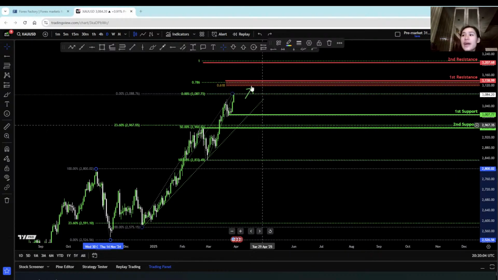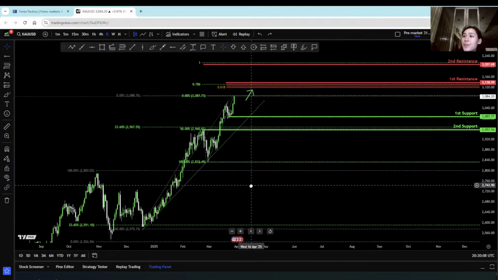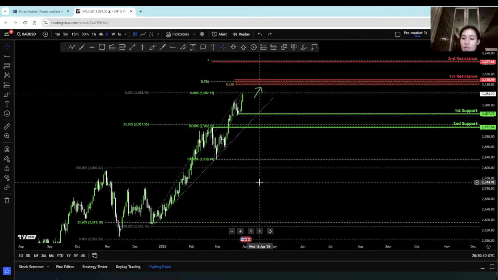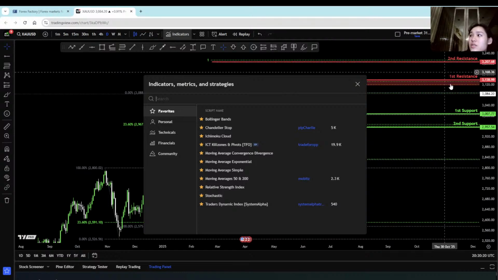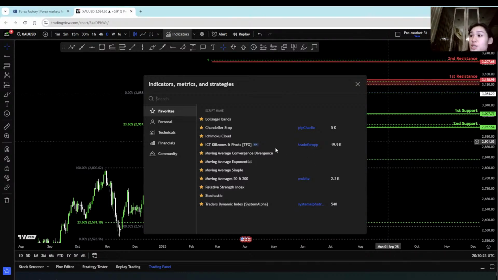Okay, so now that we have our Fibonacci levels, I'm gonna go in with our indicators to see if they support our analysis. Okay, because I'm not sure if prices will react off our first resistance because it is a confluence area there.